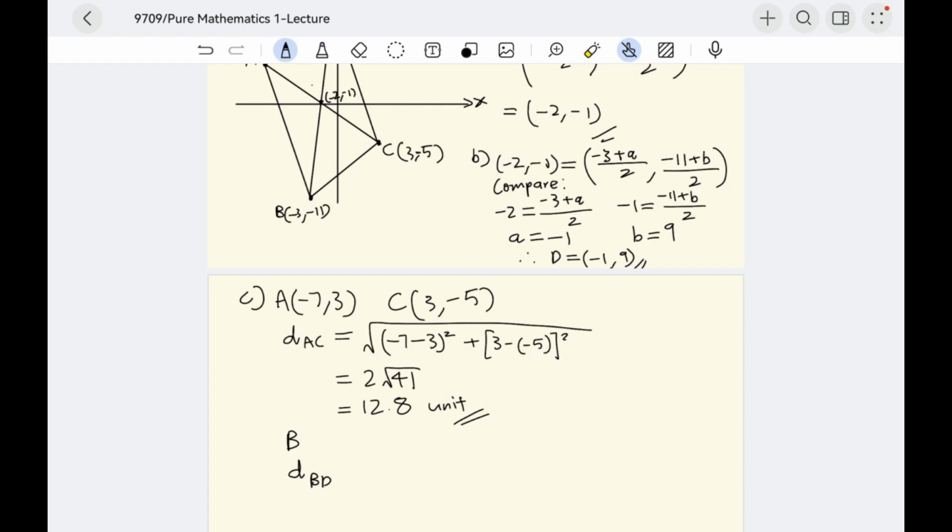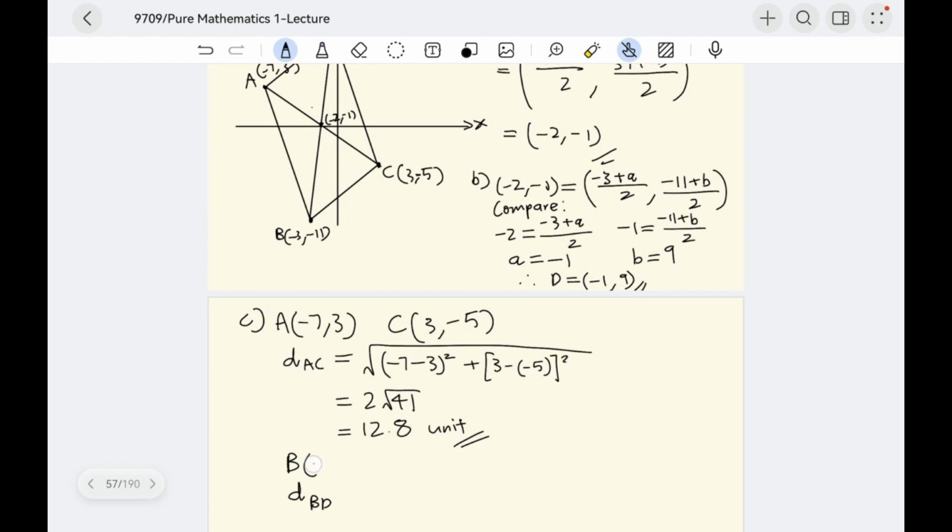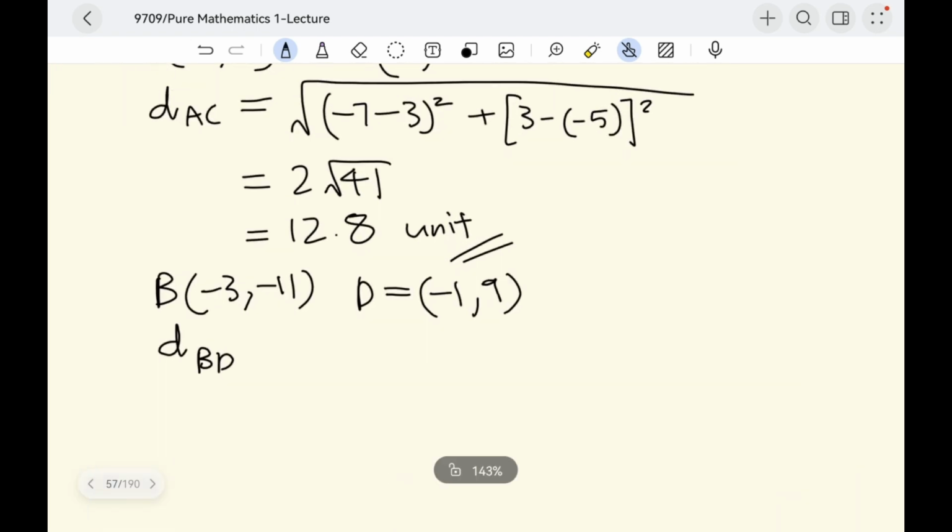It doesn't matter if you want to confirm whether diagonals AC and BD are equal in length. Let's just find out. So I have B (-3, -11), and D is the result from part B that you have done. Okay, carry out the distance formula.